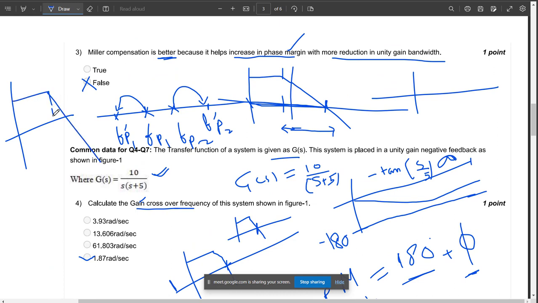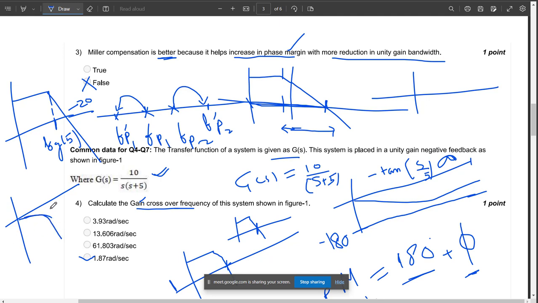We have to find out at log omega equal to log 5, the phase is minus 45 degrees. So the phase can go at maximum till 90 degrees, that's it.